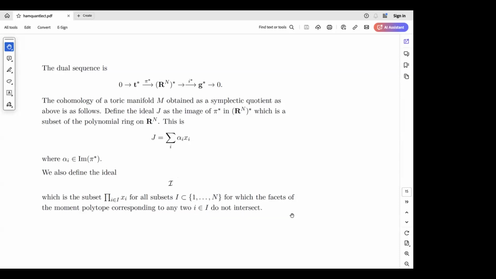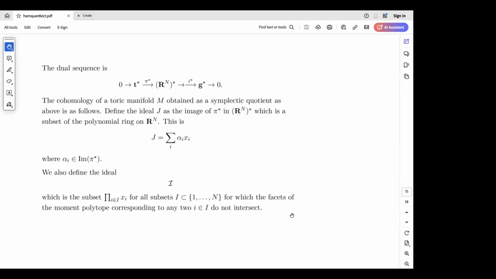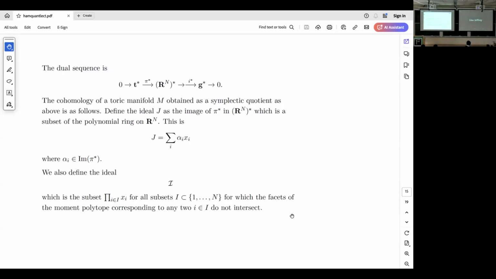Excuse me, Lisa again. Yes. This looks like the topological result, doesn't it? Where the J is the linear ideal. Yes, exactly. Okay, thank you very much. This is just a symplectic proof of the topological result. Right, thank you.